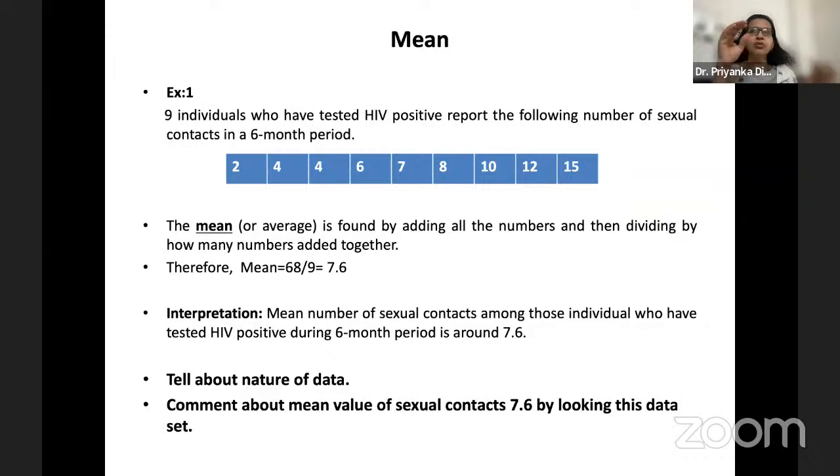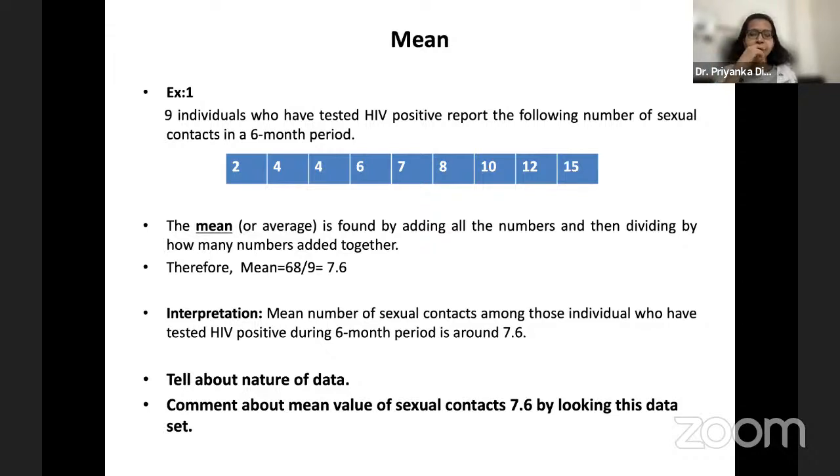So it's divided into 50-50 parts. So what I'm saying, 50% of the population have reported less than 7 times sexual interaction during last 6 months, however, 50% of the population have reported more than 7 times.